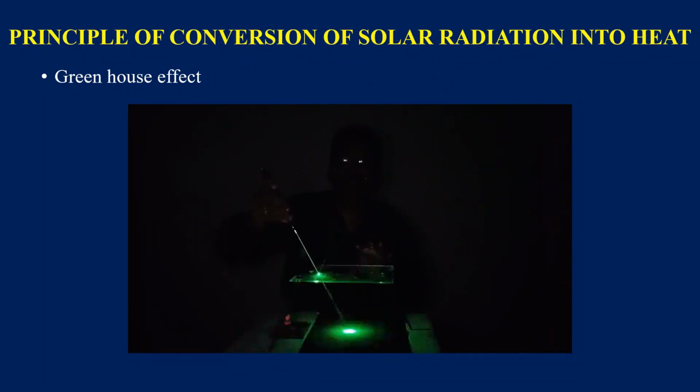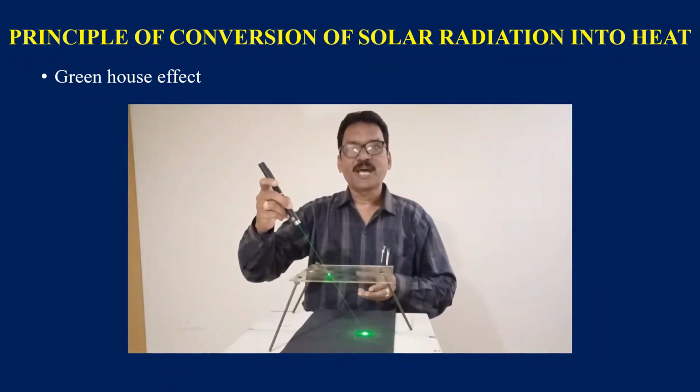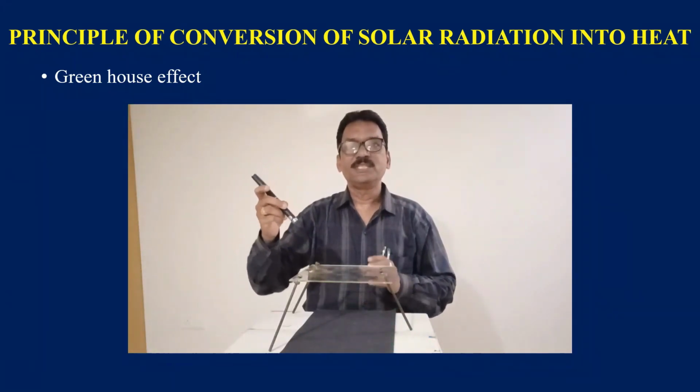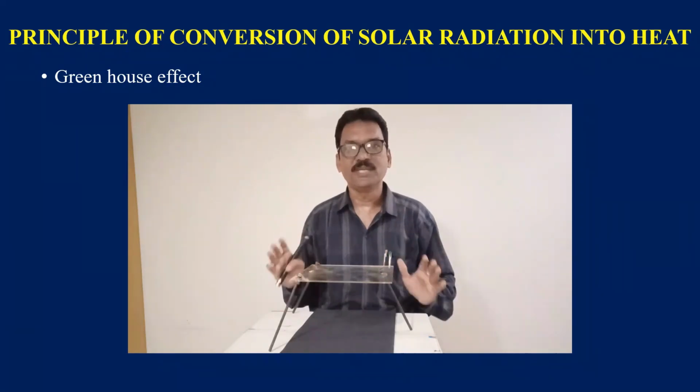To avoid the reflection loss, on the top of the glass cover we have to apply a magnesium fluoride coating, and at the bottom surface we have to paint a black coating. In this way we can trap the heat. So this is the principle of conversion of solar radiation into heat.